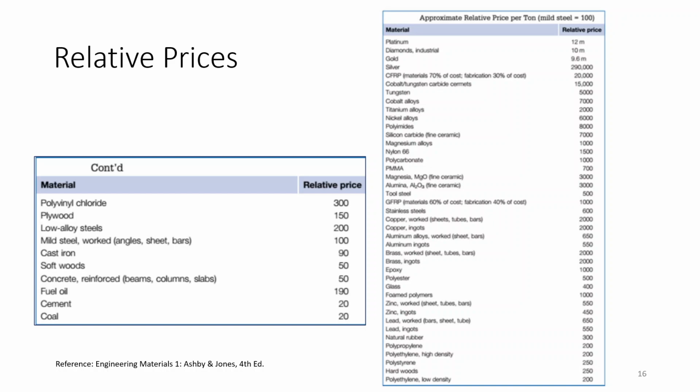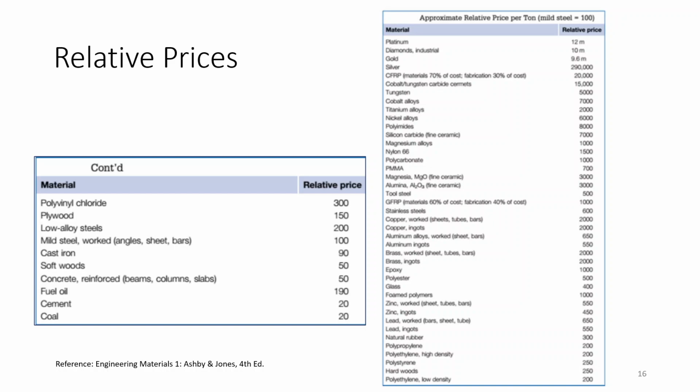Next up, you have relative prices of various materials. Here mild steel is used as 100 as a standard. Relative to that, the various prices of materials are given. In case of PVC, you have 300, plywood you have 150, low alloy steels you have 200, almost twice that of mild steel.